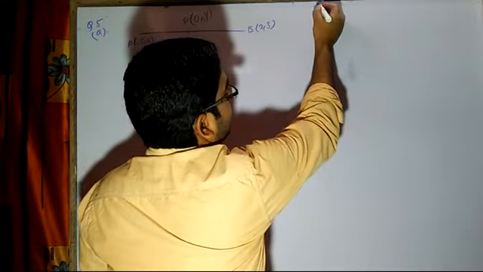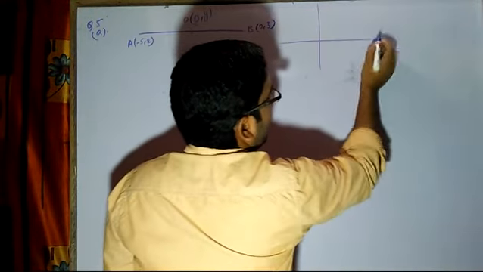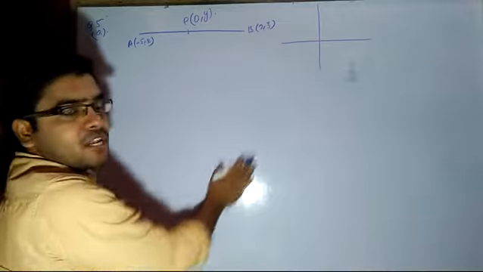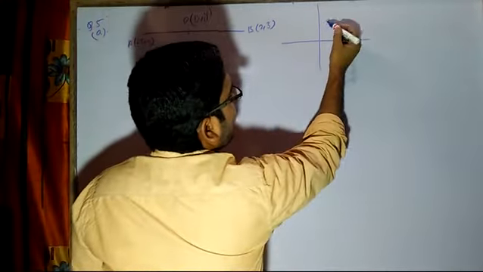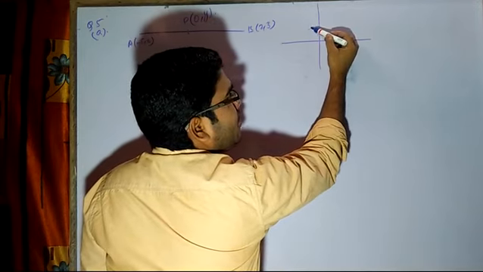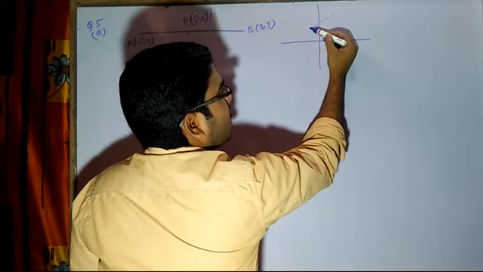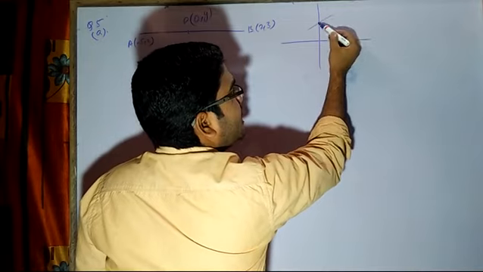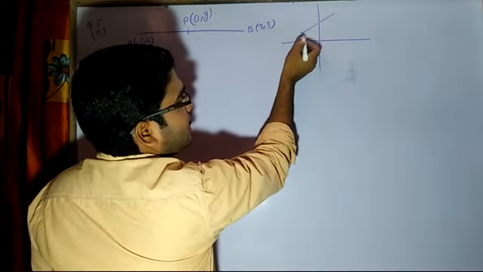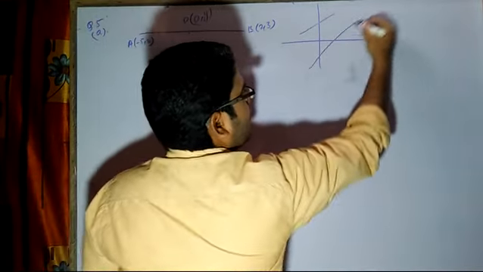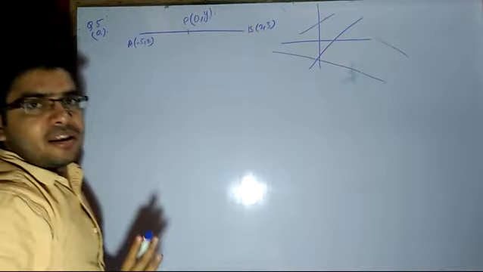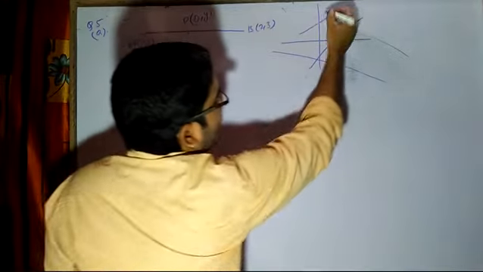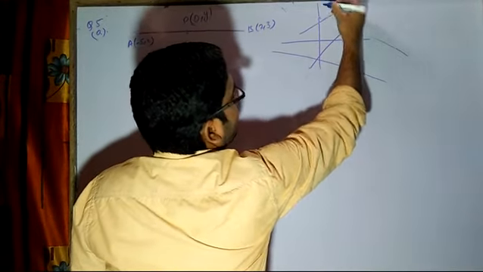Try to understand. If I have an x-axis, y-axis plane, and I say that a line is bisected or divided by the y-axis, suppose the line is running like this, or it may run like this, any way it can run. Now what is the value of this point on the y-axis?